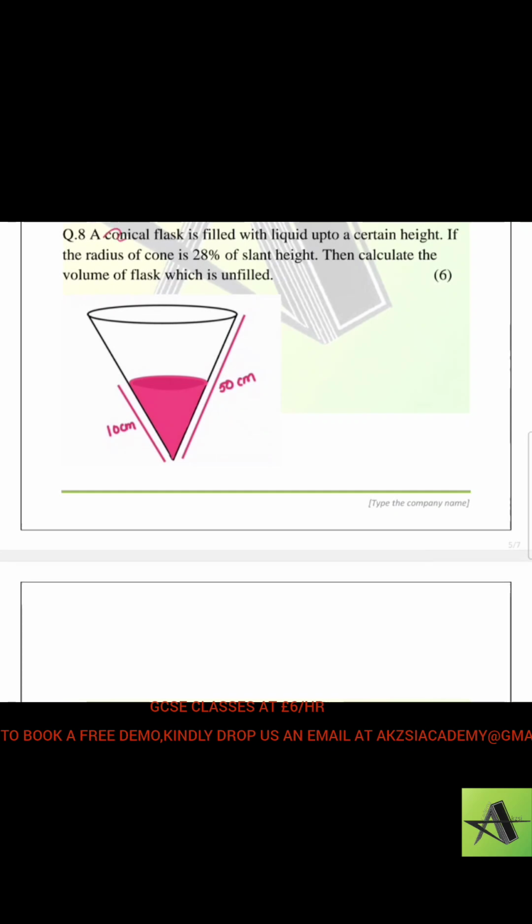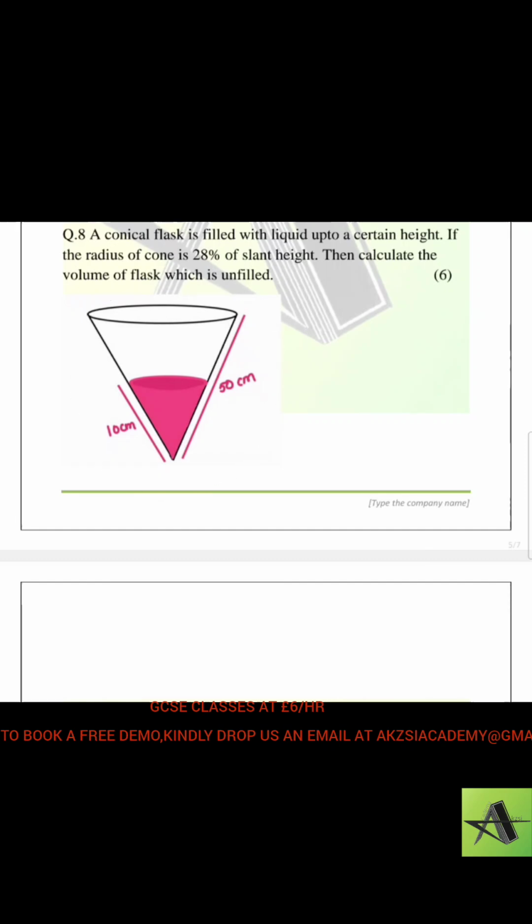This is the certain height up to which it has filled, this one here. Now it says that if the radius of the cone is 28% of the slant height of the cone, that means obviously this bigger cone they are talking about.